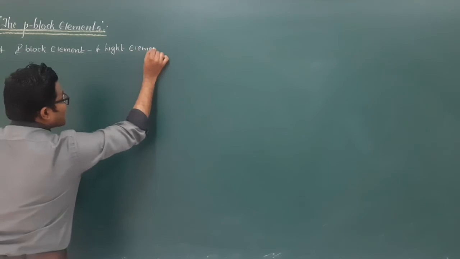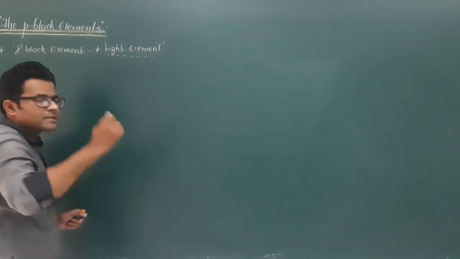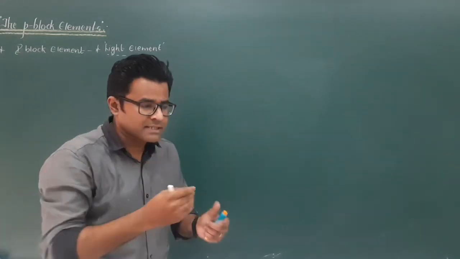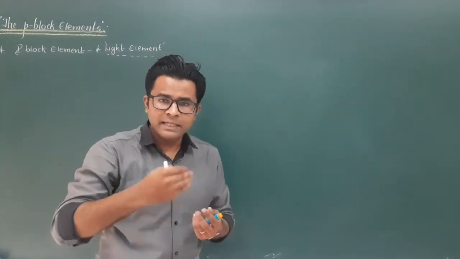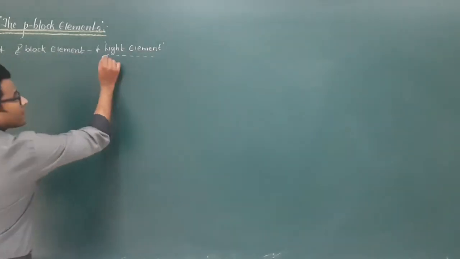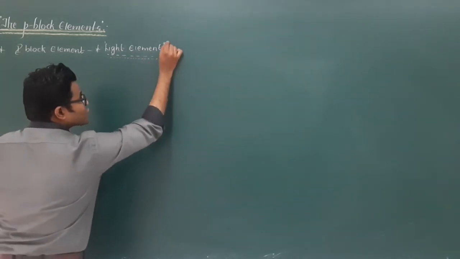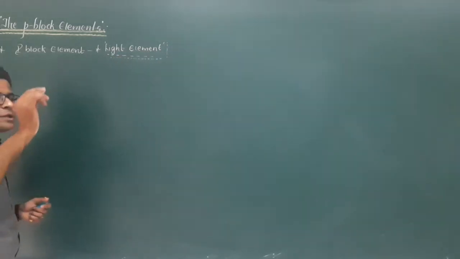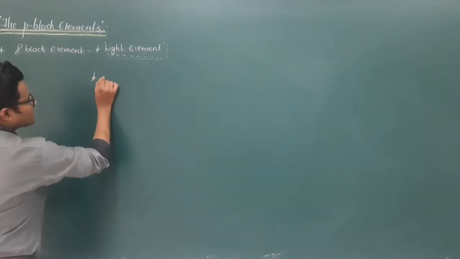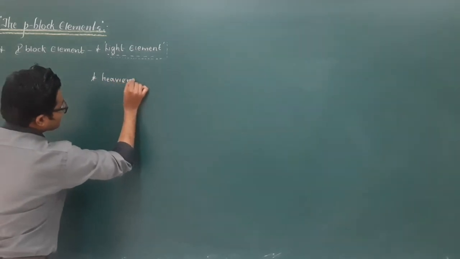What I mean by the lighter elements is nothing more than the elements present at the first section of the group, such as boron, carbon, nitrogen, oxygen, and so on. These lighter elements show properties which are not similar to those of the heavier elements.